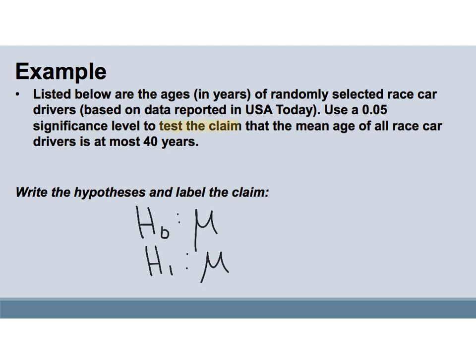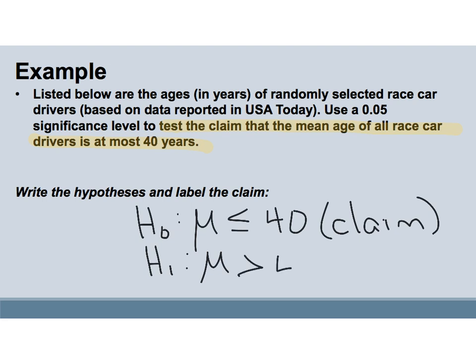Test the claim that the mean age of all race car drivers is at most 40 years. Well, at most, if you remember, is less than or equal to. So this time our claim is our null. The opposite of less than or equal to is greater than. So there's our hypothesis.